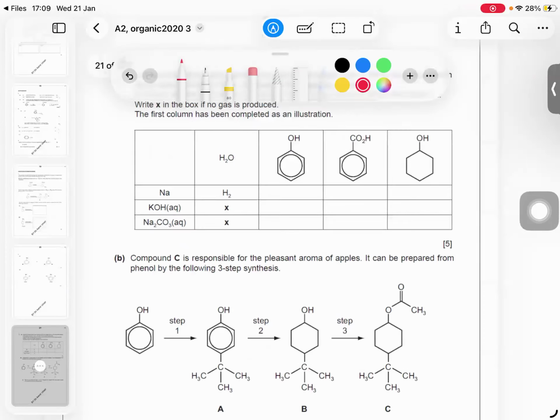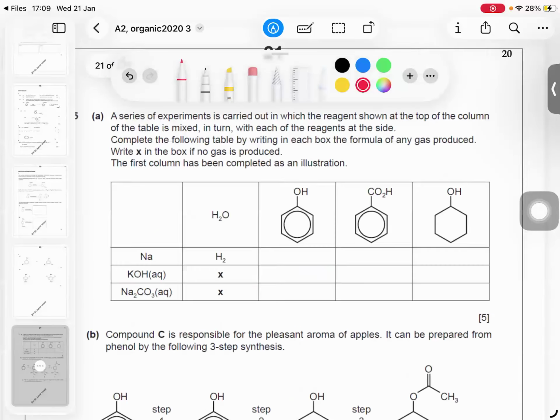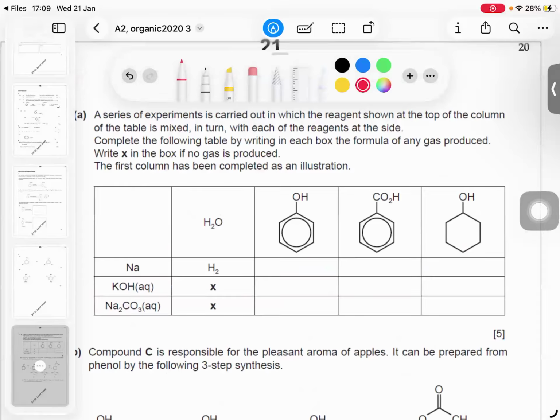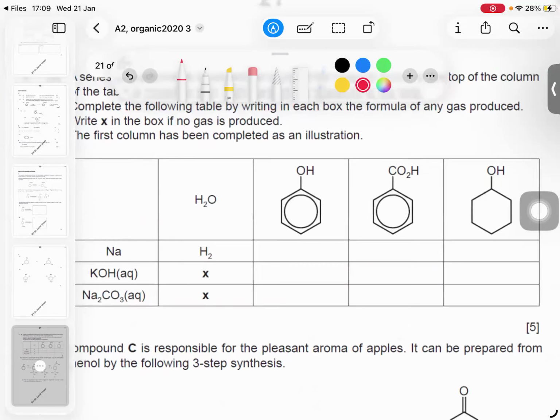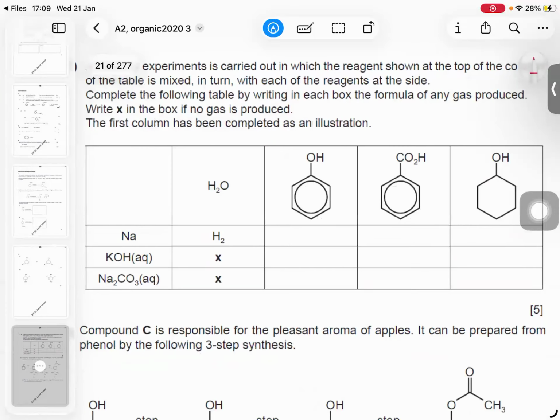Now, he's asking us to show the sodium metal reaction with these compounds. I'm going to slightly change the question here. The first compound is phenol. The second compound is benzoic acid, which is a carboxylic acid.